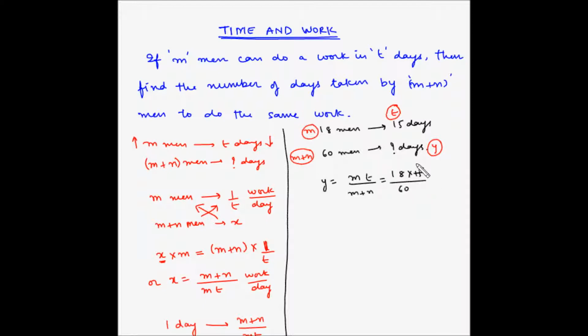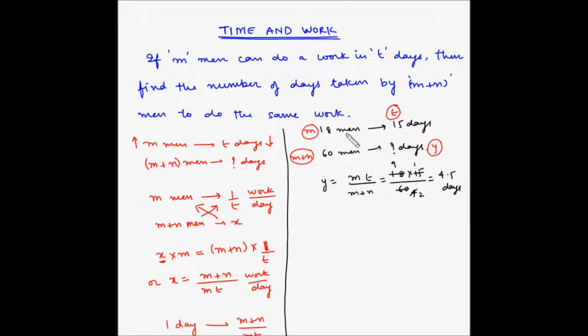So 15 fours are 60, 2 twos are 4, and 2 nines are 18. So this is 9 by 2, or 4.5 days.